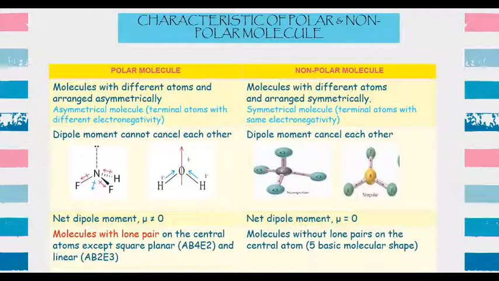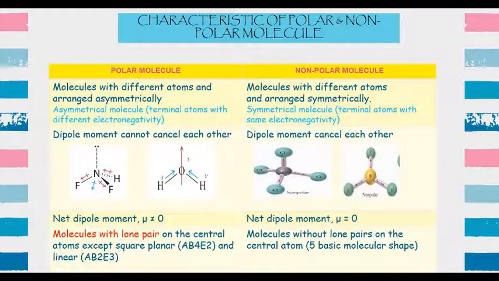Asymmetrical means the terminal atoms have different electronegativity, or that molecule has a lone pair. When that molecule has a lone pair, if we try to cut the molecule using a plane of symmetry, we will not get atoms that balance on both sides.